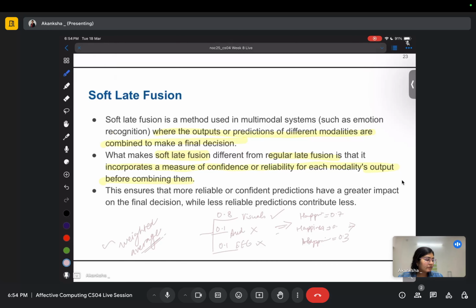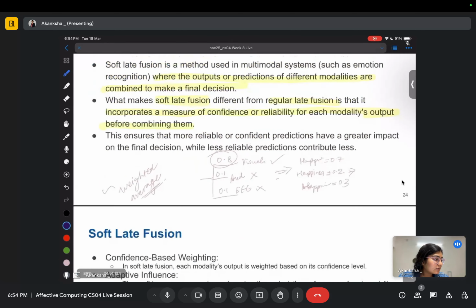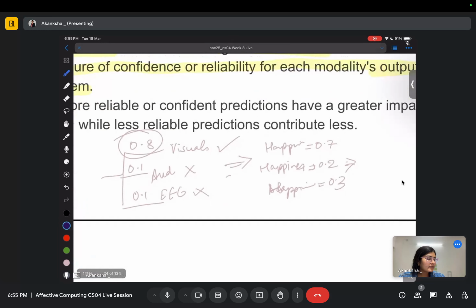So this is giving you 0.2. Now if you directly take the average, it will be very low. But since we are giving priority to this, if I choose to combine this, I can say 0.8 multiplied by 0.7 plus 0.1 multiplied by 0.2 plus 0.1 multiplied by 0.3, something like this.